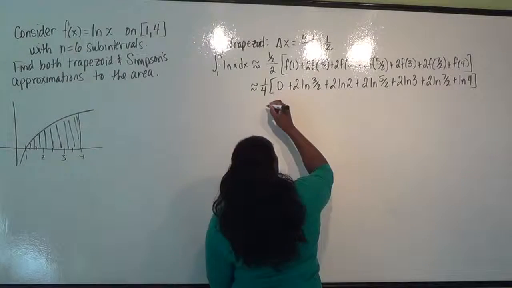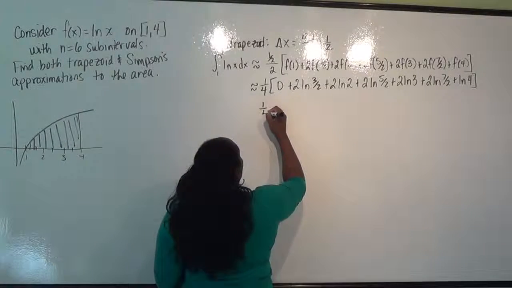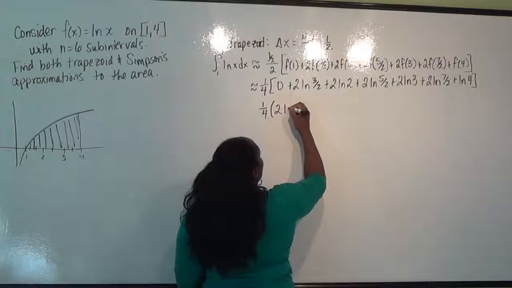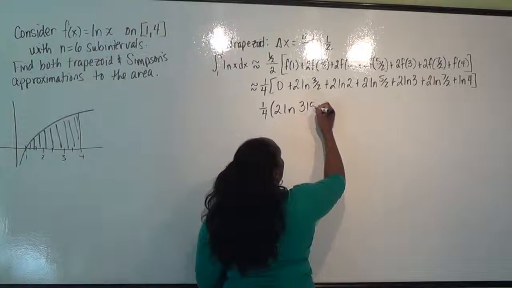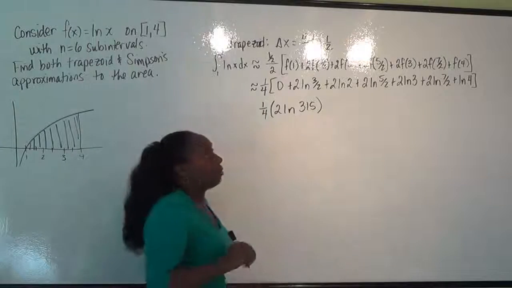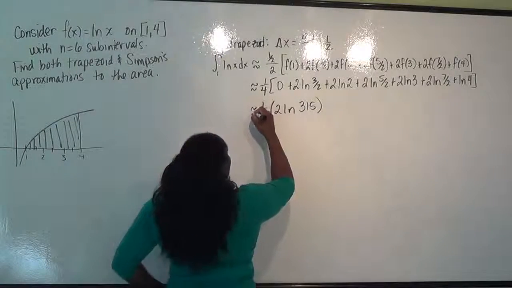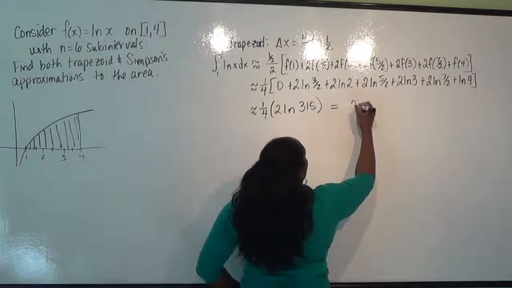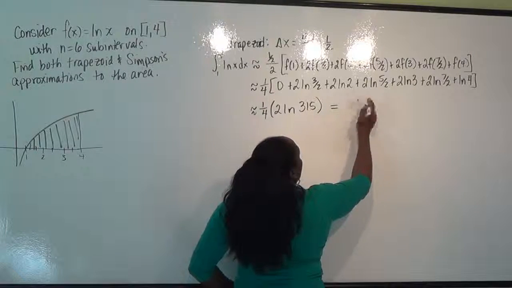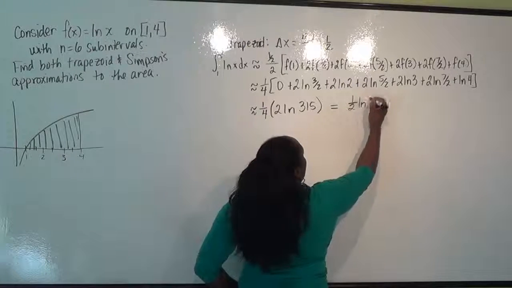Adding those all up, we'll get 1/4 times 2 times the natural log of 315. That's just multiplying all those arguments together. And again, we can simplify here. This is going to equal 1/2 times the natural log of 315.